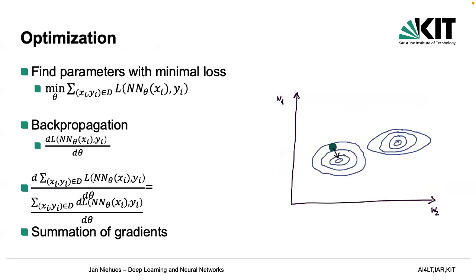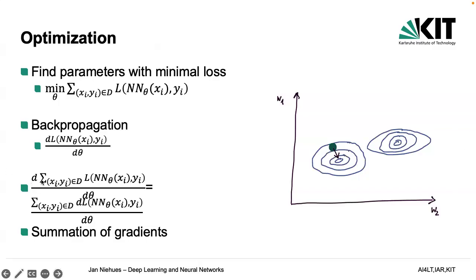What we now need to do is, we said we want to minimize over the sum of all possible examples. So somehow we need to also add up the gradients that we get from different examples. The very nice thing is that this is linear, so that's quite easy.